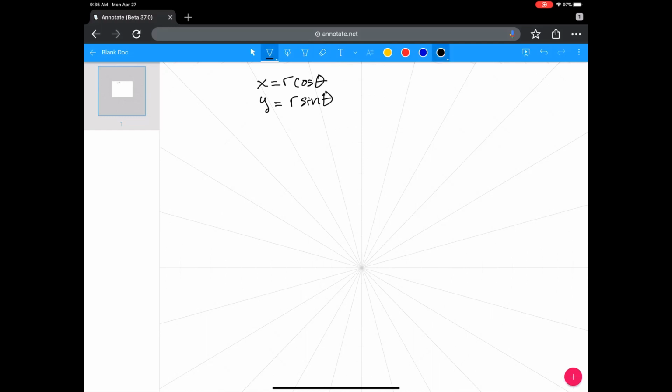We also had the fact that a squared plus b squared equals c squared, which translated into x squared plus y squared equals r squared. And theta could be found by taking the inverse tangent of y over x. These are two sets of ways to translate from one type of coordinate to another.